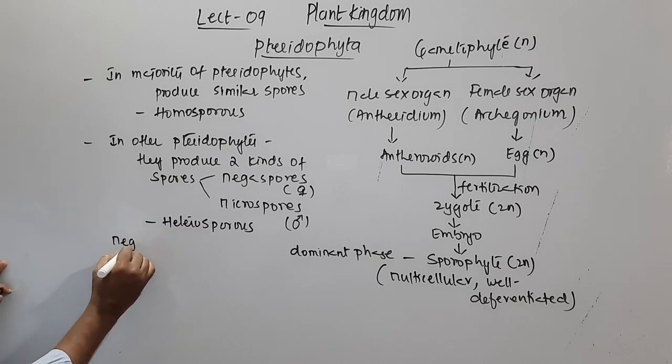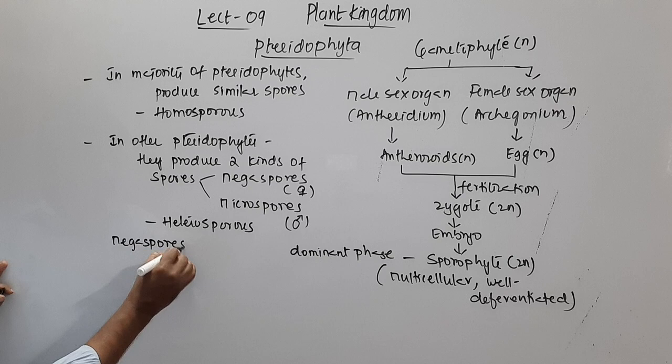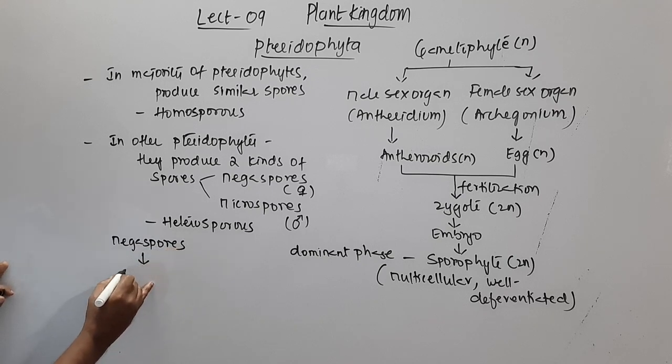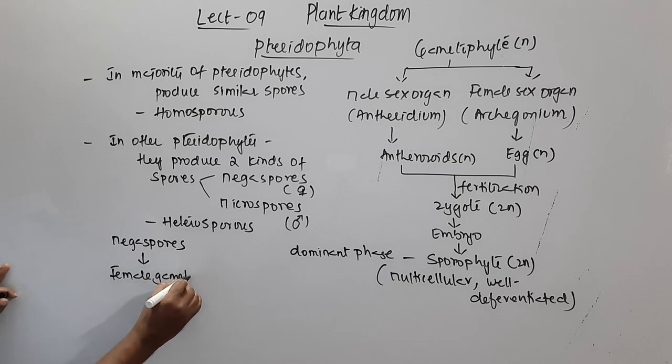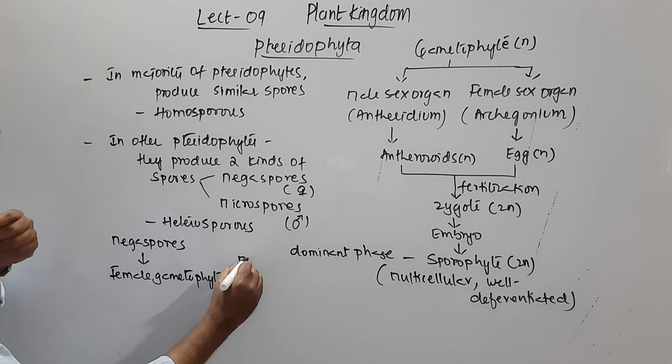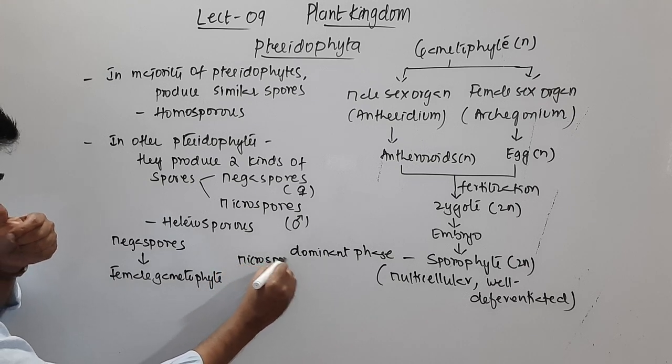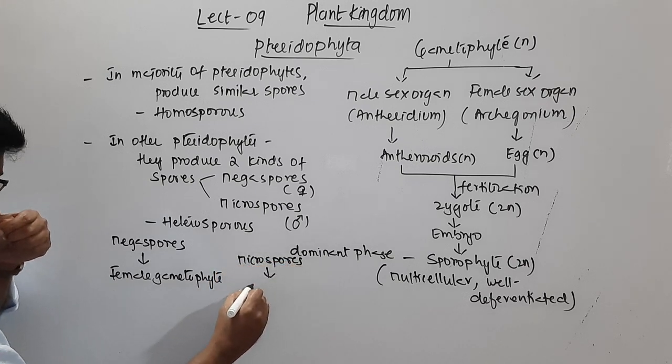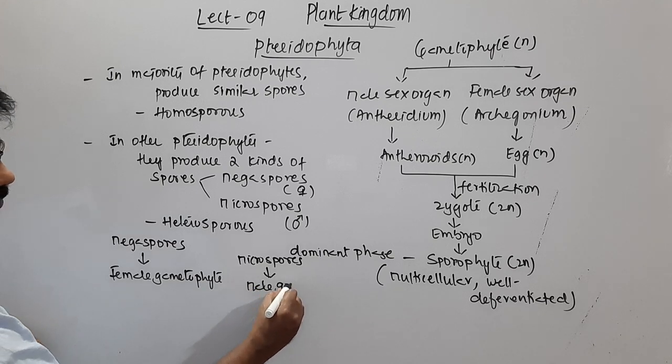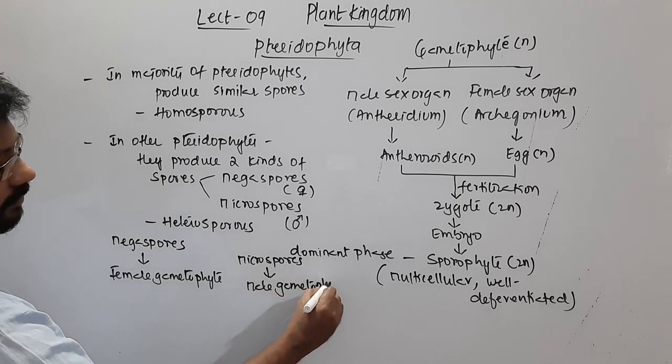So the megaspores will give rise to the female gametophyte, whereas the germination of microspores will give rise to the male gametophyte.